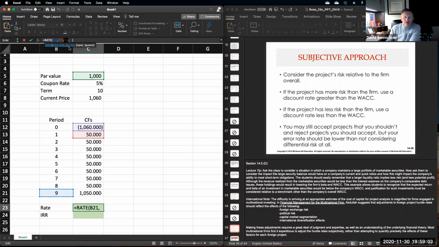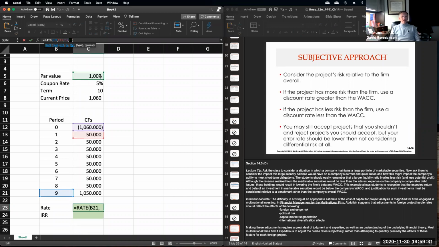We know that the present value of the bond is 1060, but because we need to put it into Excel as a negative number, we have a negative 1060. That's the present value. If we're going to buy the bond today, we're going to have cash going out of 1060. And we know that when we get our money back at the end, we get the par value back. That's the future value.